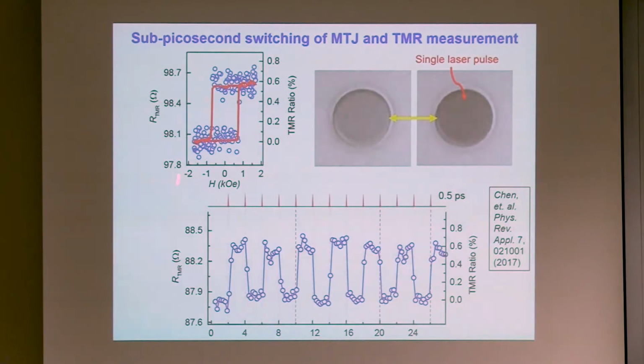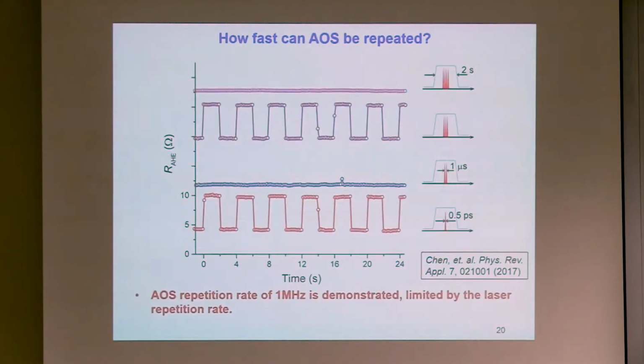Okay, so that does the switching every 1 second, with a repetition rate of 1 hertz, right? So the question is, as a device, if you imagine using it as a receiver to receive a data signal, how fast can you repeat this back and forth, right? So we try to demonstrate that.